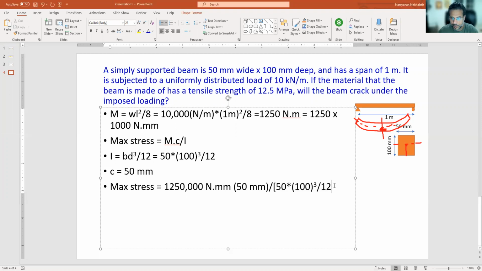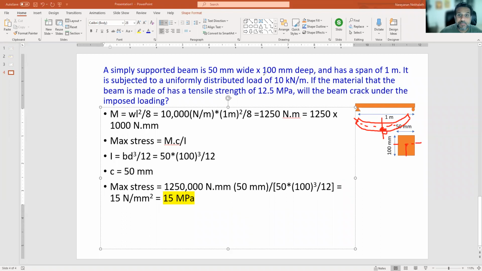I'll put that in square brackets so that you don't miss it. You will get a maximum stress of 15 newtons per millimeter square, which is equal to 15 megapascal. This is the maximum stress that you're getting in this beam at this location.